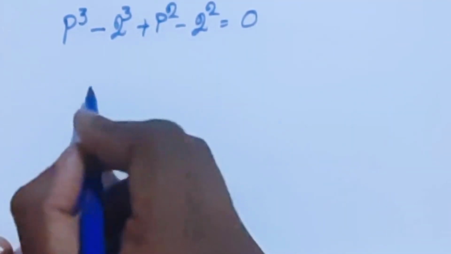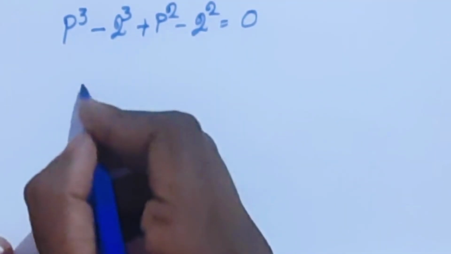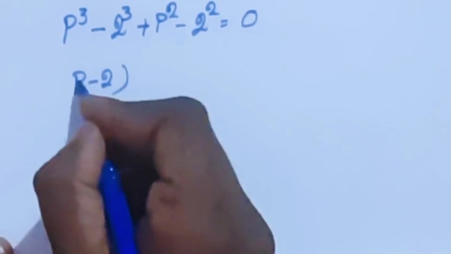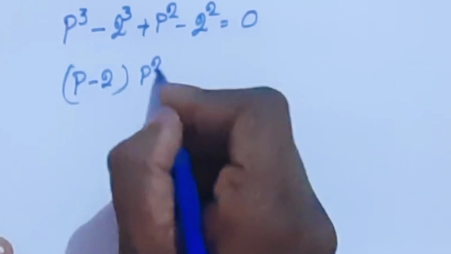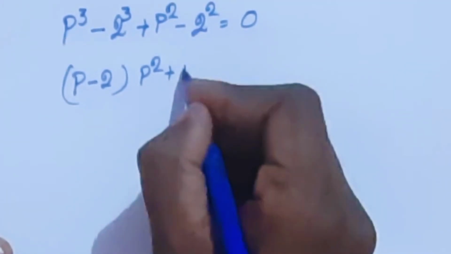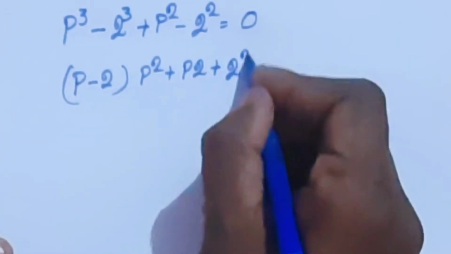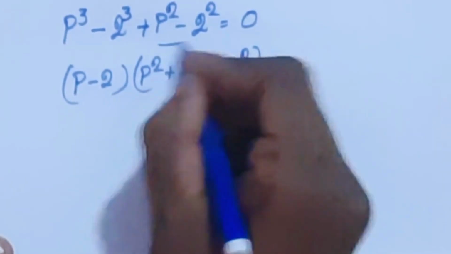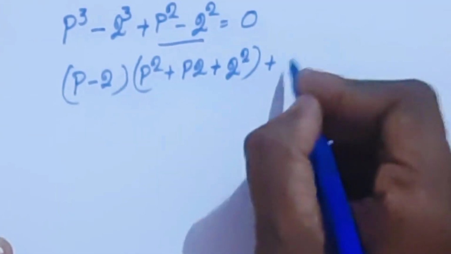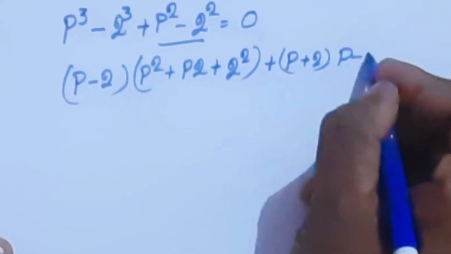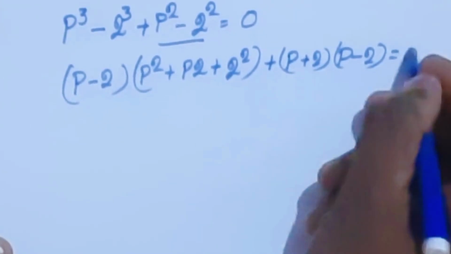Applying that algebra formula here, we'll get p minus 2 times p square plus p times 2 plus 2 square, for this p plus 2 times p minus 2 equal to 0.